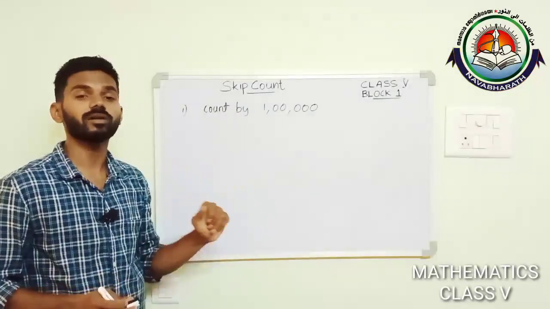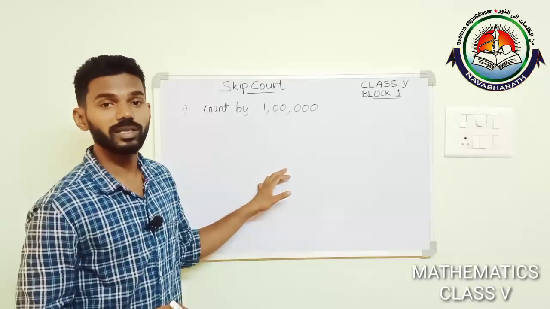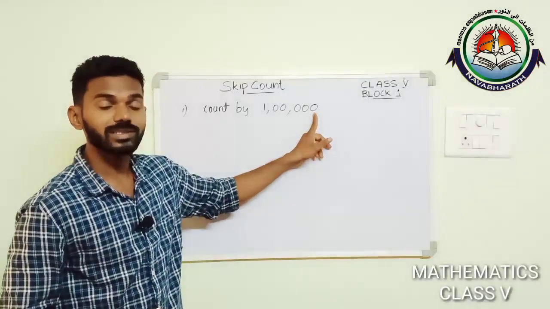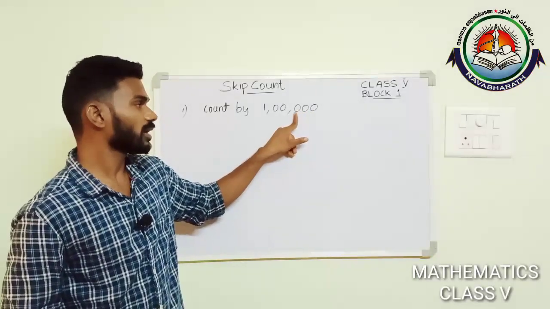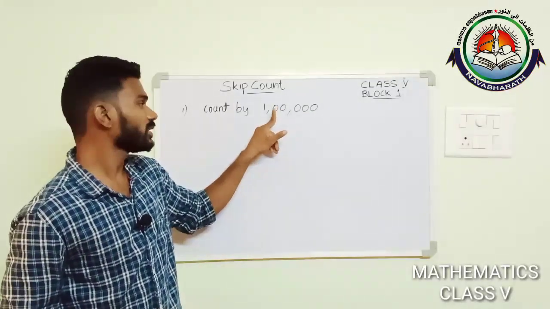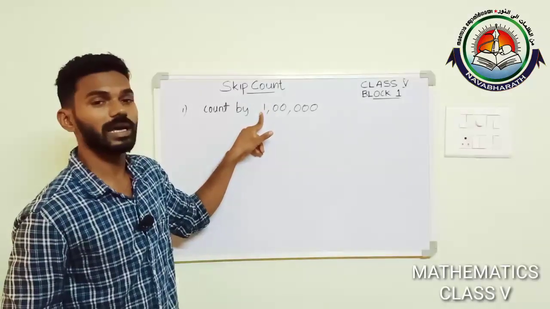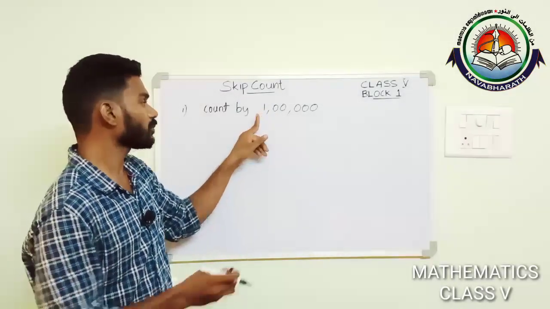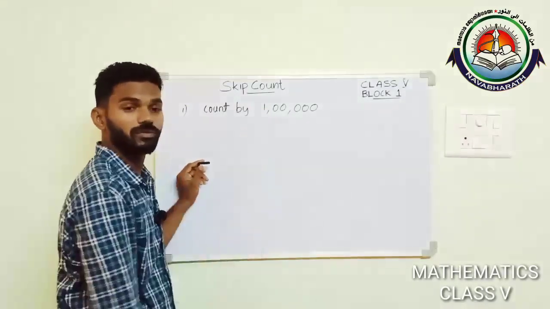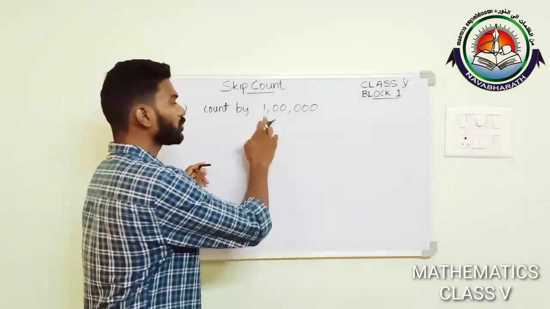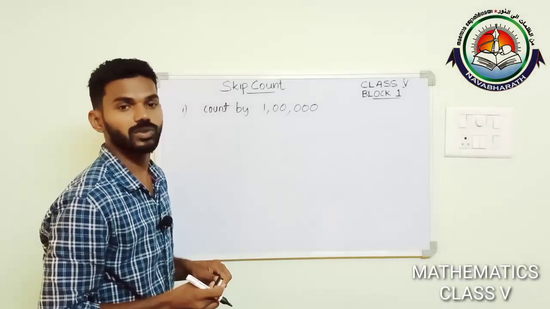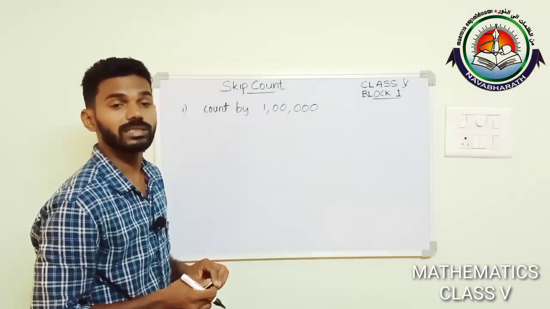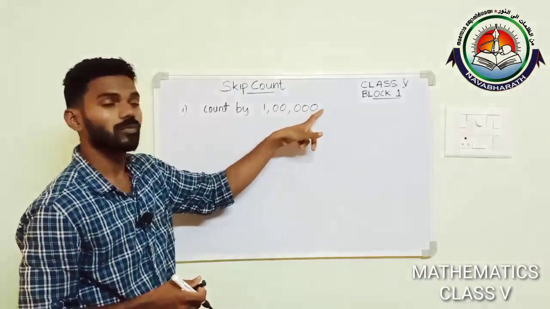First of all, you have to consider the place values from the rightmost end. Ones place, tens, hundreds, thousands, 10,000s, lakh. So in the lakh position there is the number 1. So this would be 1 lakh. So you have to do a skip count by 1 lakh.